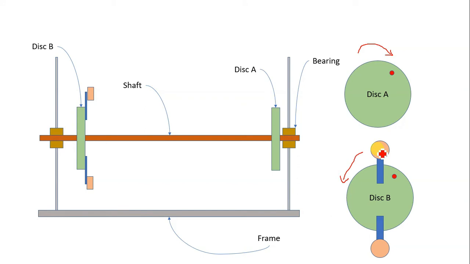So to make the system oscillate, we have to give torque in opposite directions to disc A and disc B. In this case I am giving torque to disc A in the clockwise direction and disc B in the counterclockwise direction. After twisting we just release the system, and the system will vibrate on its own.